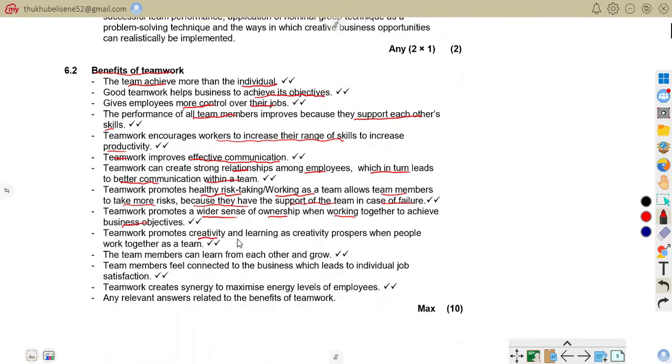Teamwork promotes creativity and learning, as creativity prospers when people work together as a team. The team members can learn from each other and grow. Team members feel connected to the business, which leads to individual job satisfaction. Teamwork creates synergy to maximize the energy levels of employees.